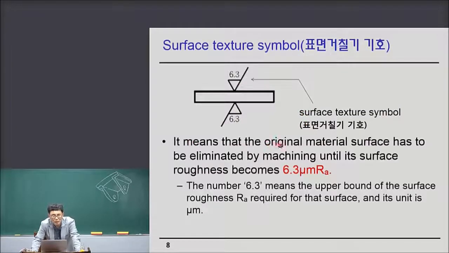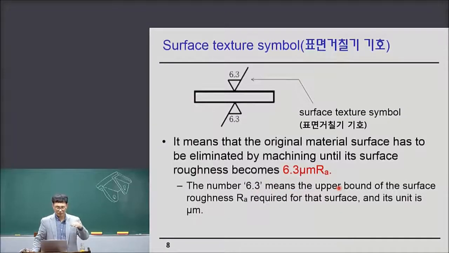It means that the original material surface has to be eliminated by machining until its surface roughness becomes 6.3 micron Ra. Maybe the manufacturing process is a milling process, right? The number 6.3 means the upper bound of the surface roughness Ra required for that surface, and its unit is micron.